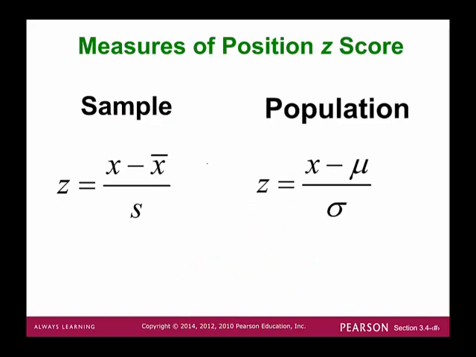I have two formulas to calculate Z-score. For the sample, Z-score equals data value x minus sample mean, where x bar represents the sample mean, over S, which represents the sample standard deviation.